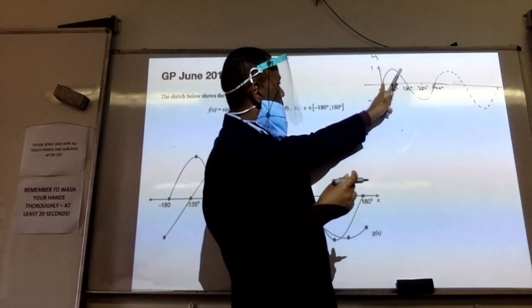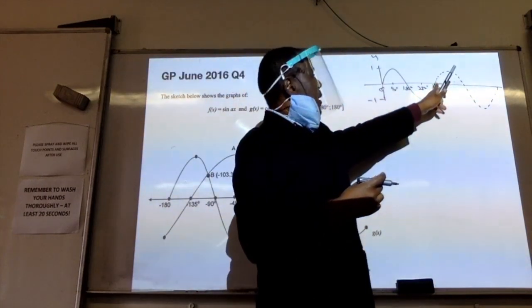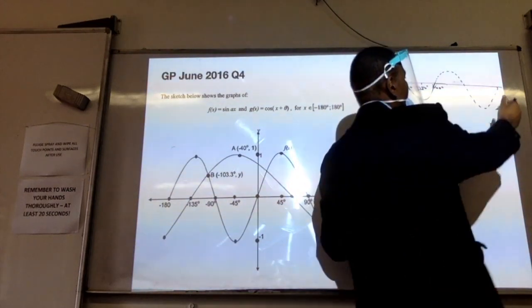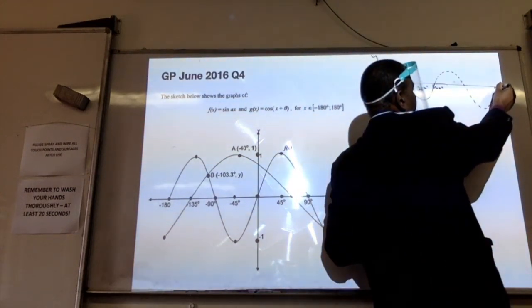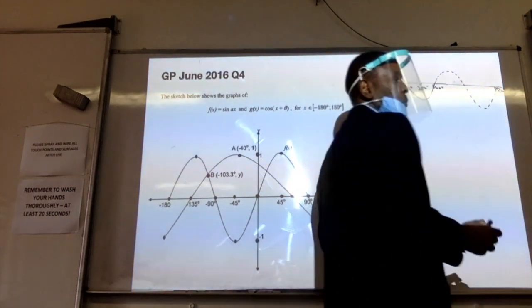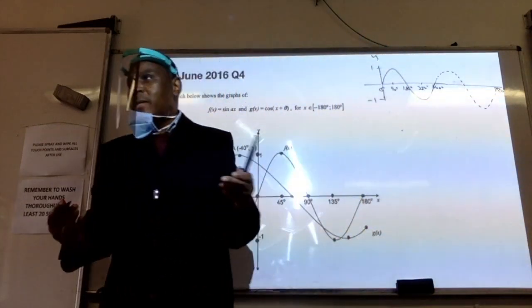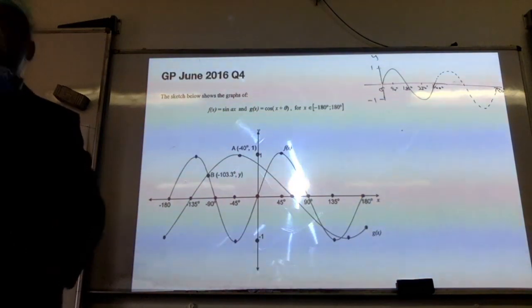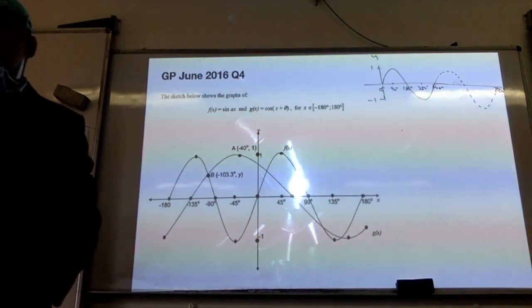But if it starts here, and it ends there, and it starts there, and it ends there, how many degrees do you think this one is? 720 degrees. So the graph of sine is repeating after every 360 degrees.